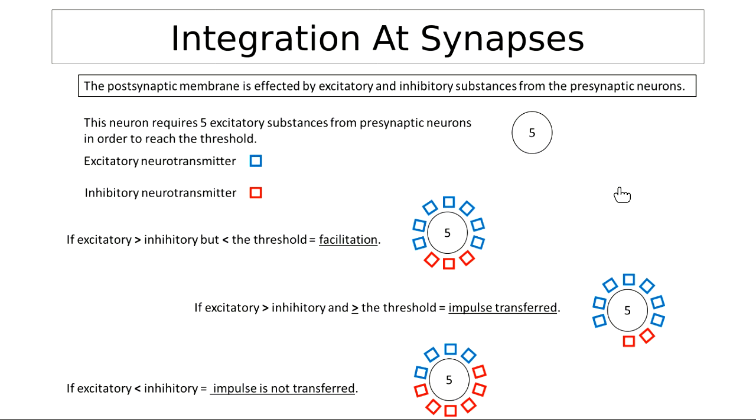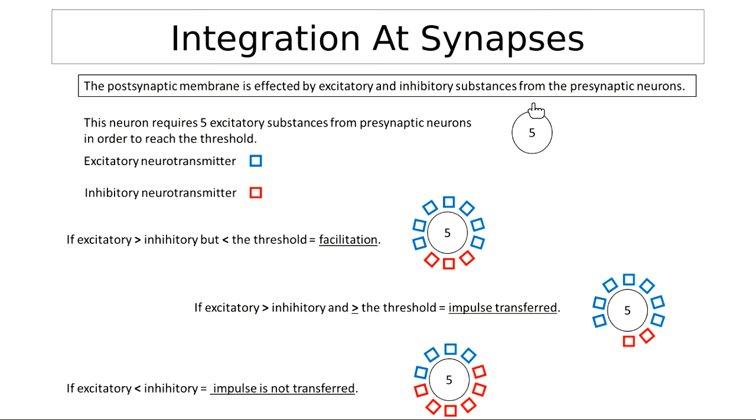Integration at synapses. These are some examples here. A postsynaptic neuron is affected by excitatory and inhibitory substances from the presynaptic neurons. So there are inhibitories that can be released also. This neuron that I've got right here, my little circle, represents a neuron, and it requires 5 excitatory neurotransmitter substances from the presynaptic neurons.